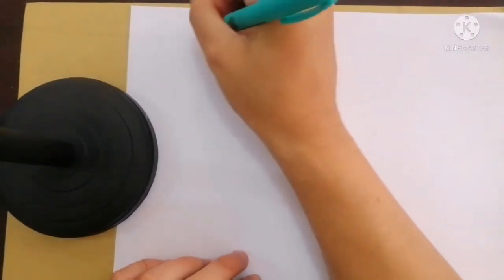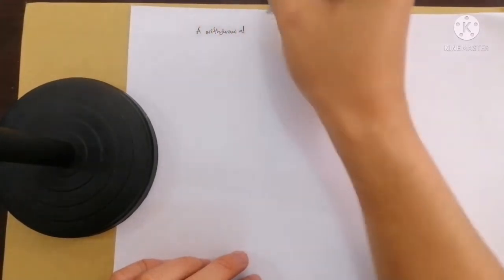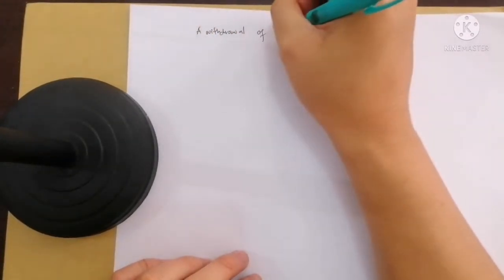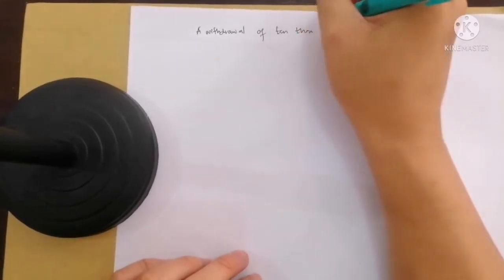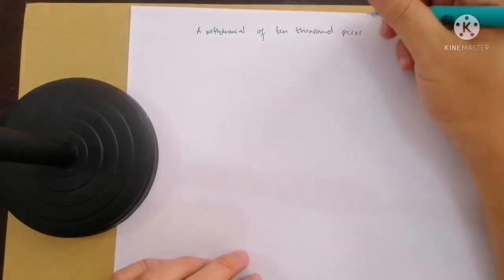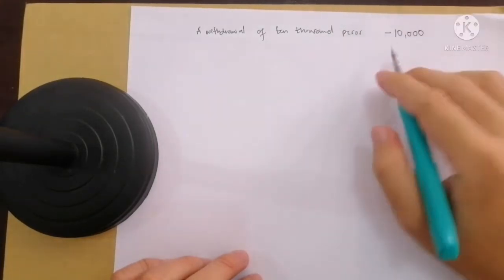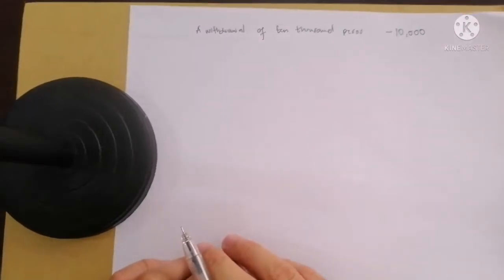Let us analyze the word problem by stating the given. We have here a withdrawal of 10,000 pesos. So since it is a withdrawal, we're going to use a negative sign.